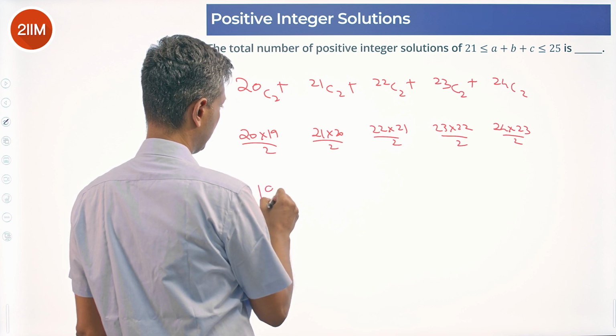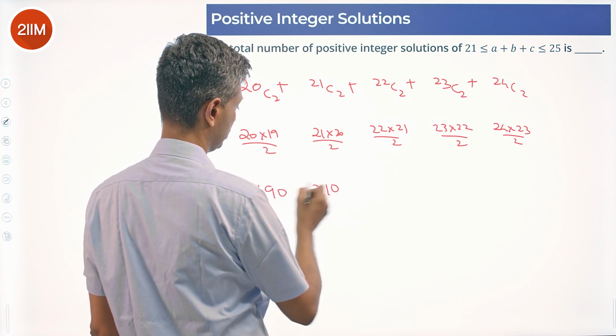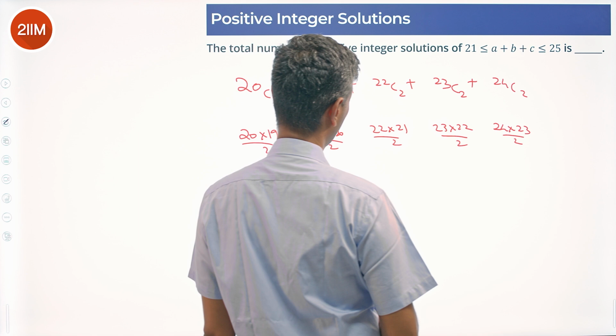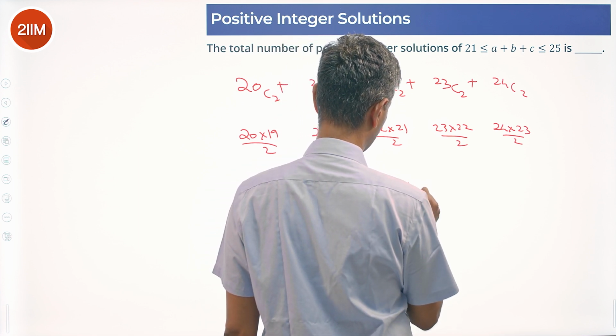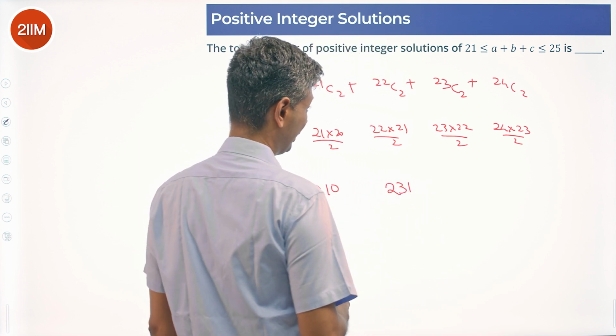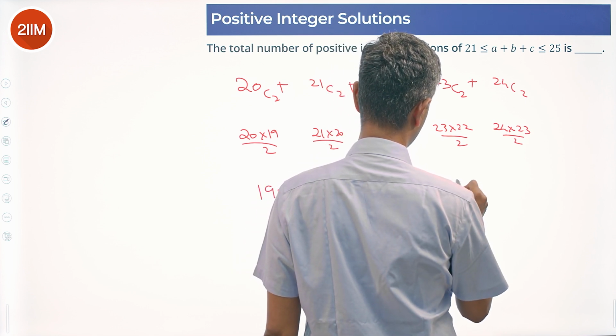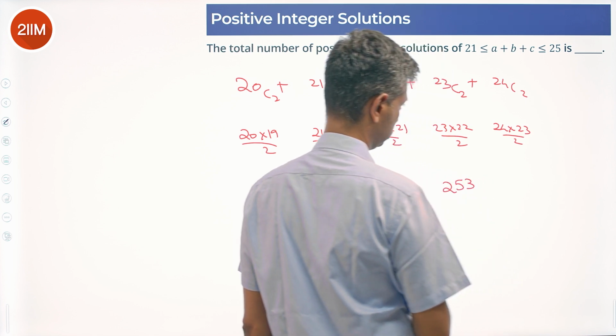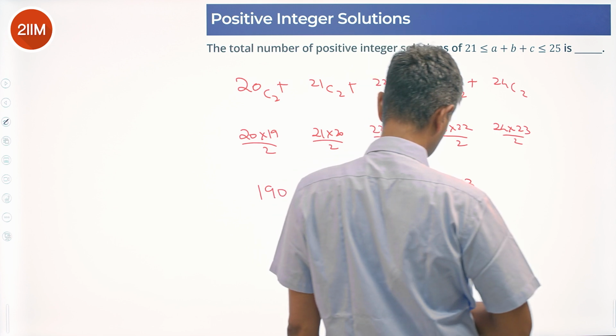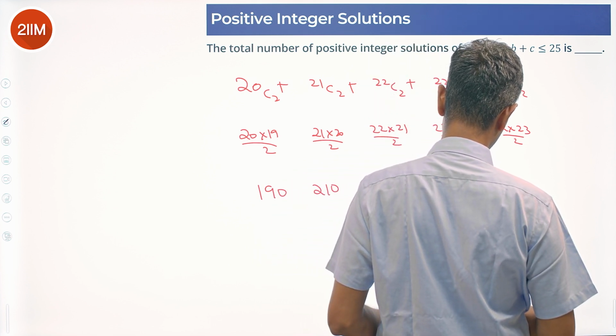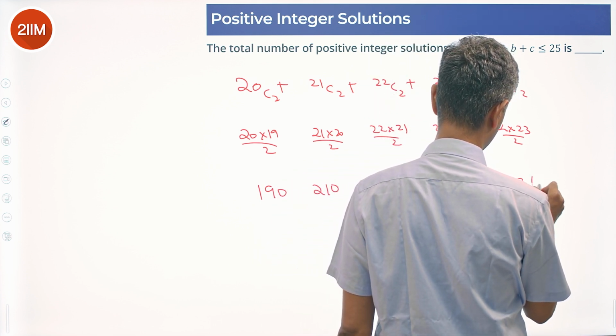19 into 10, 190, 21 into 10, 210, these two add up to 400, 21 into 11, 231, 23 into 11, 253, 23 into 12, 253 plus 23, 276.